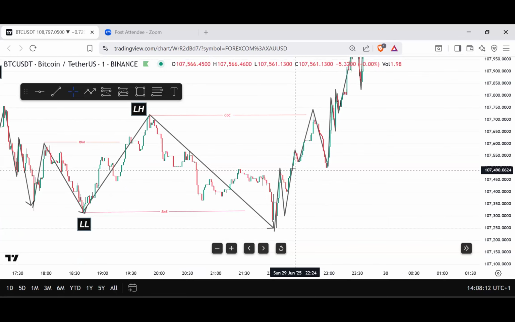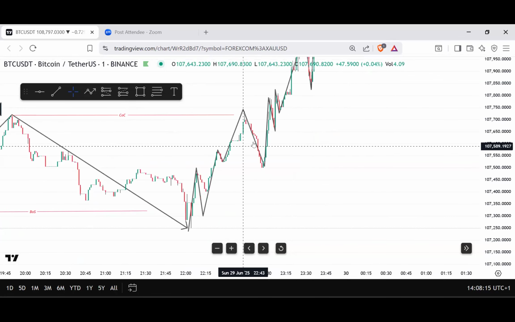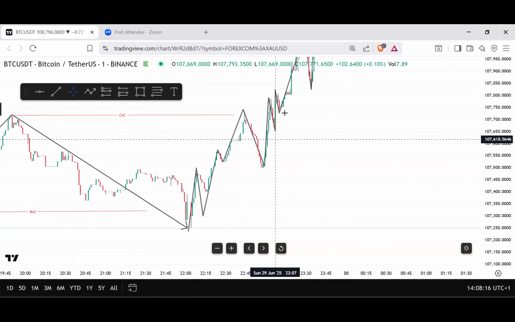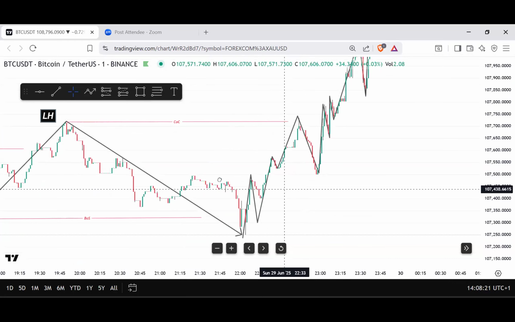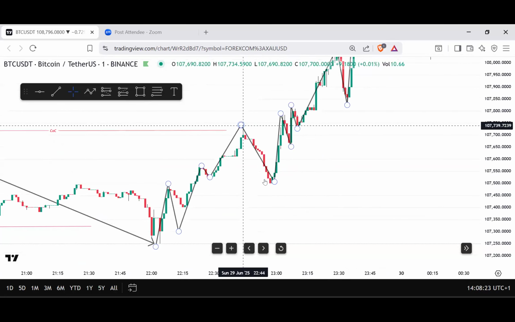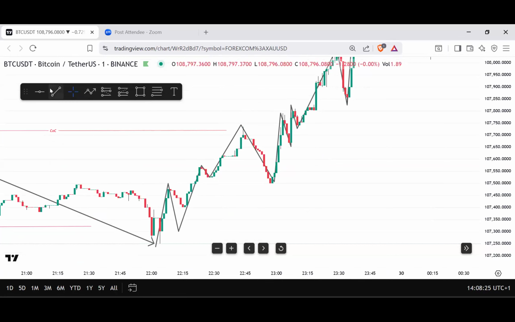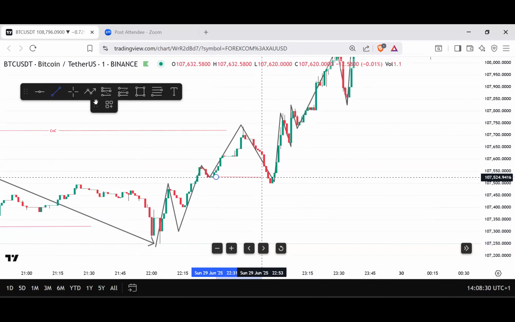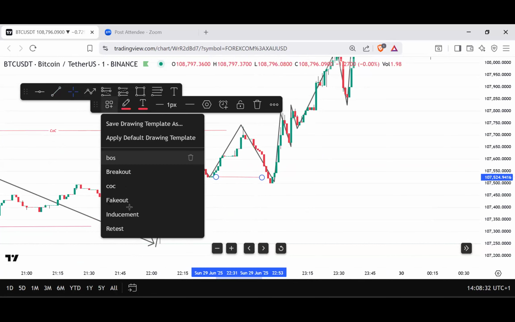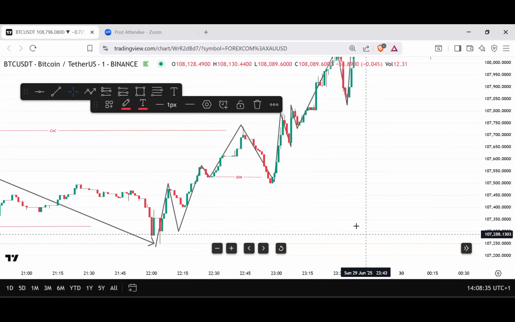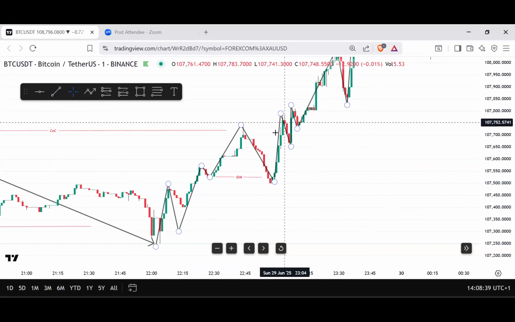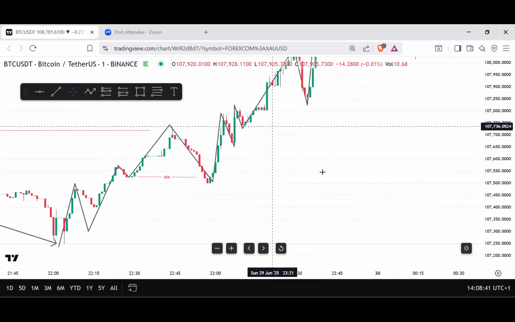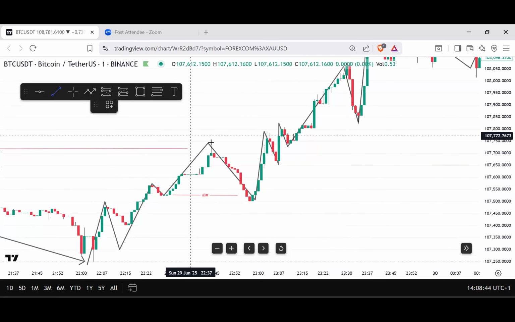So we want to see break of structure and a candle close above the break of structure. If you look, this move took out this place, which is inducement. So with this happening now, the break of structure is confirmed.